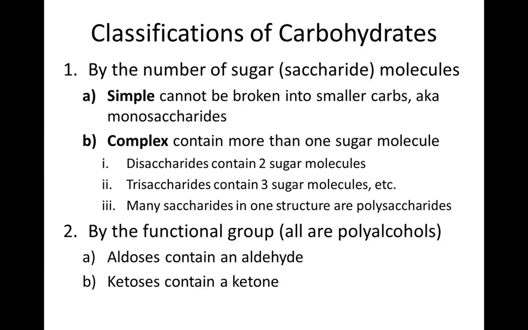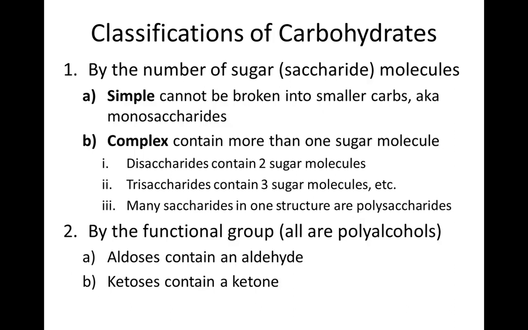And so those things might be called simple sugars, or they might be called monosaccharides. And if they contain more than one sugar molecule, then they can be complex, and they can have prefixes like disaccharides would be 2 sugar molecules, trisaccharides would be 3, and so on. And if you have a whole bunch of them in a row, then those are polysaccharides. An example would be cellulose is a polysaccharide.